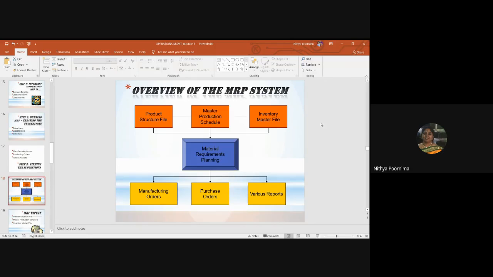Can somebody clearly explain or give an example of what exactly we understand from the MRP system? Why does nobody want to explain?